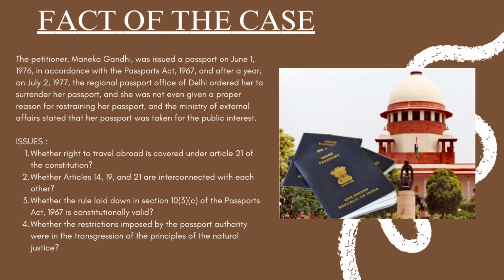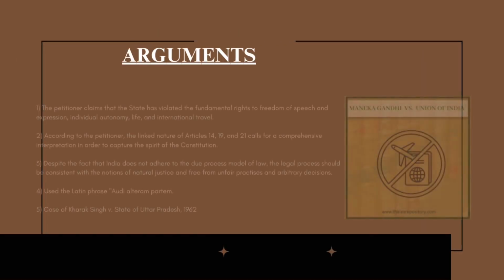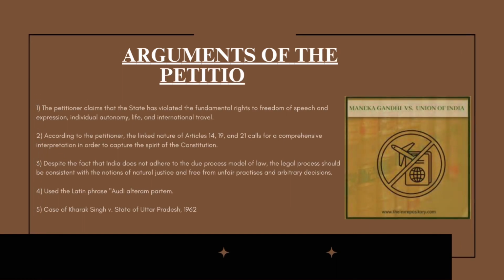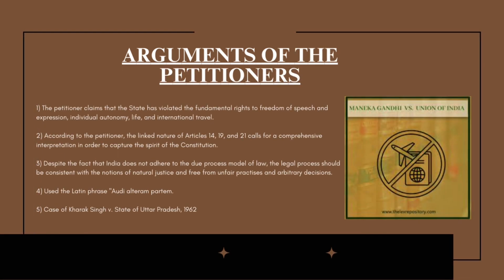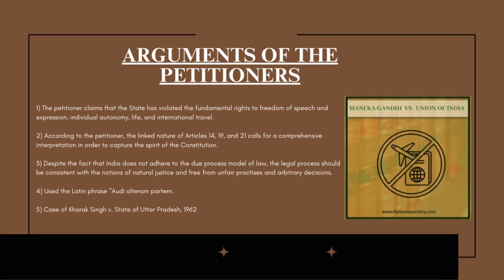Let's move towards the arguments of the petitioner. Here, the petitioner claims that the state has violated the fundamental rights of freedom of speech and expression, individual autonomy, life, and international travel.